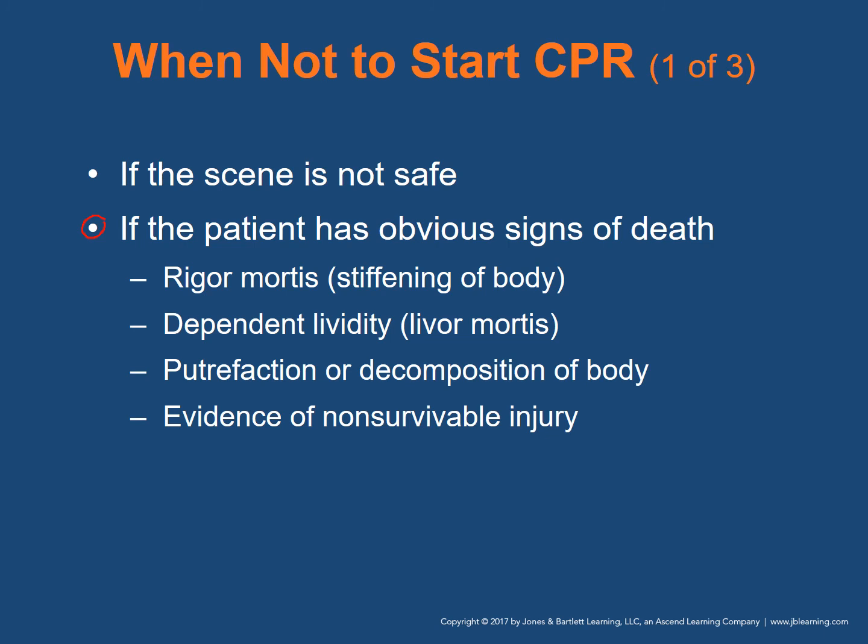Some of these signs that we can look for are these bullet points here. Rigor mortis, which is stiffening of the body, usually occurs between 1 and 3 hours after death. The same for dependent lividity, which is when the proteins that hold the vasculature together start to decompose or denature, and the blood actually will seep out of the vasculature and will pool in the lowest point of gravity on the patient, which of course would be whatever position they died in.